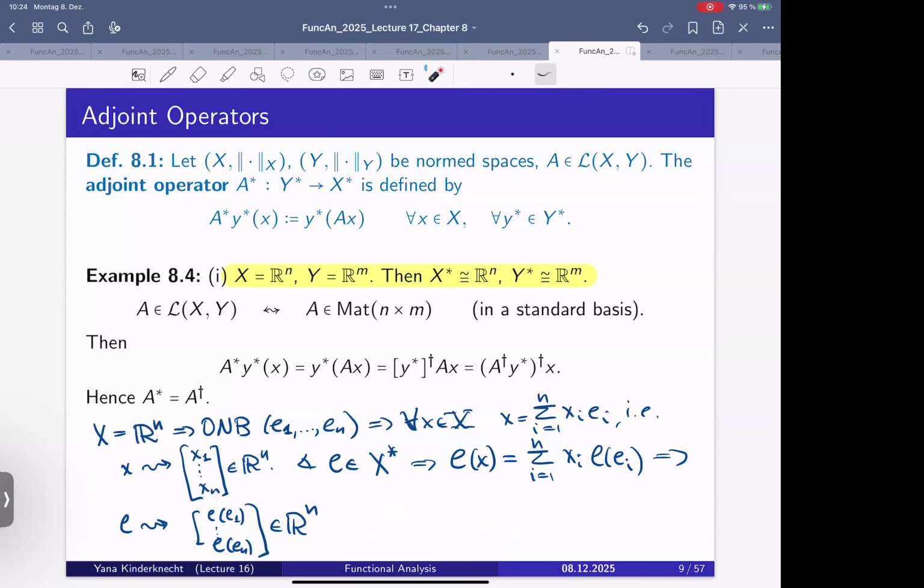Okay, so we have this. And then any linear mapping from X to Y in the same ONB is given by a matrix.